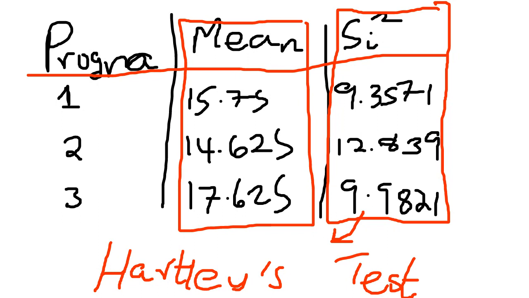I would expect you to use at least this test, but this is not the only test that you can perform. We have other tests, as I've indicated, like Levene's. There are many tests that you can apply, but now I want us to focus only on this one here.